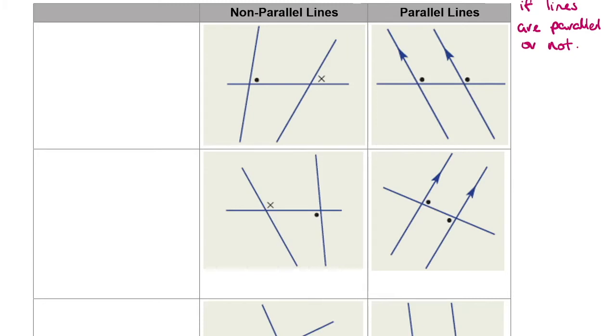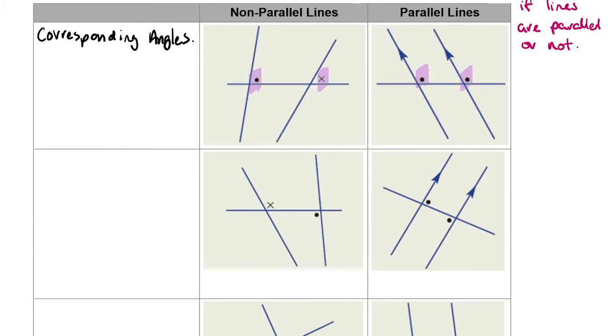Now, these angles here, these are what we call corresponding angles. These corresponding angles in a parallel set of lines will be equal. In a non-parallel set of lines, they are not equal.